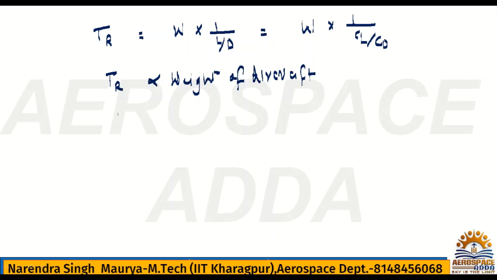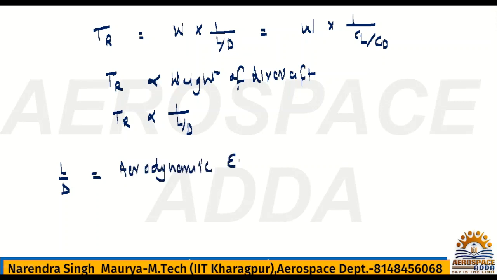Number two, thrust required is inversely proportional to L by D. What is L by D? L by D is nothing but aerodynamic efficiency.